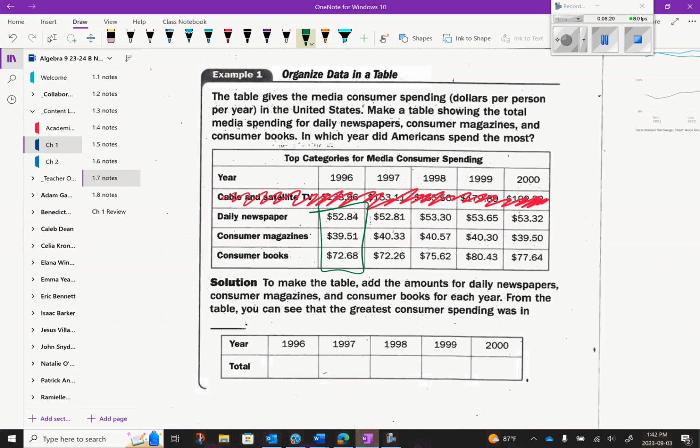So if we take the 5284 and the 3951 and add the 7268, that gives us a total in 1996 of $165.03.